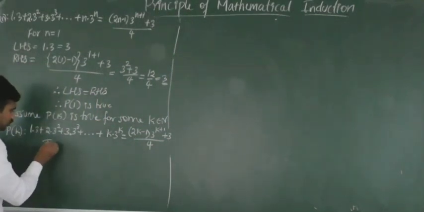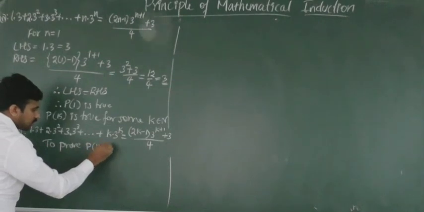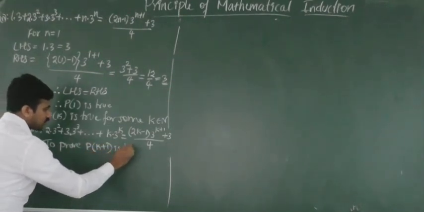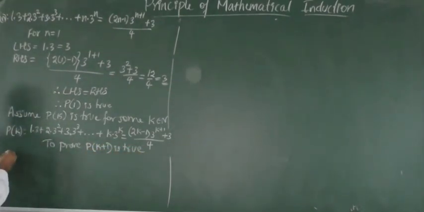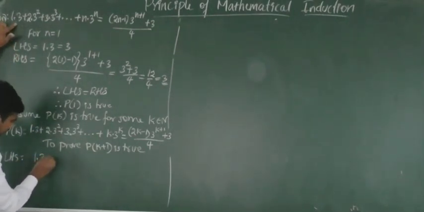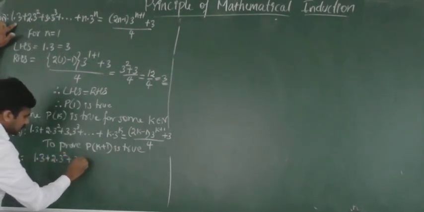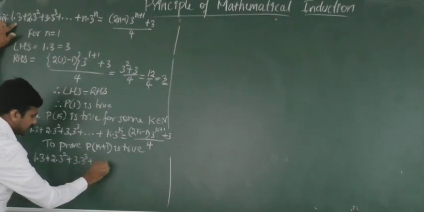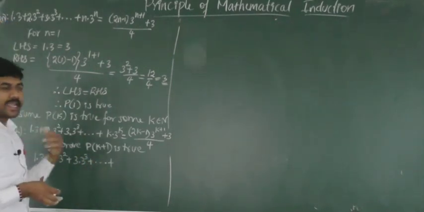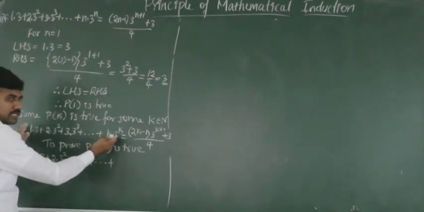To prove P of k plus 1 is true, we first consider the left hand side of P of k plus 1, that is 1 into 3 plus 2 into 3 square plus 3 into 3 cube and so on, and write the kth term, because this is the sum of the first k terms.